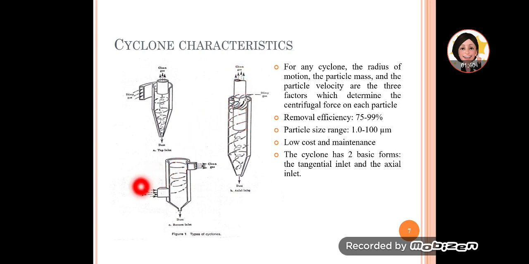In this case, the gas goes in at the bottom, and the clean gas exits at the top. So this is the example that you saw in the YouTube, where there's an additional inlet of air that brings the particles down.